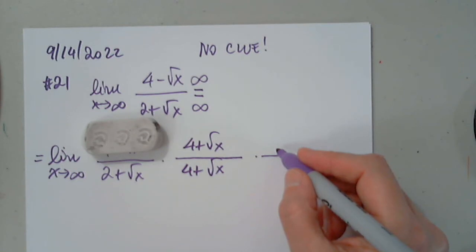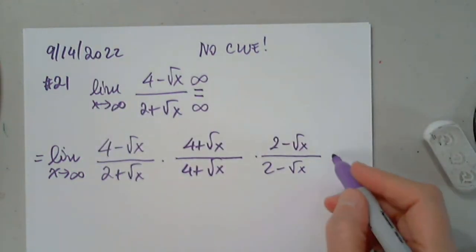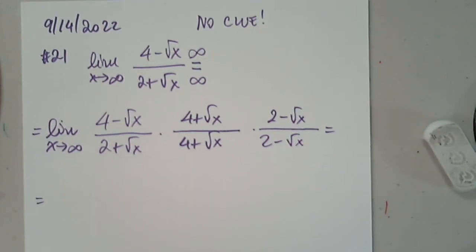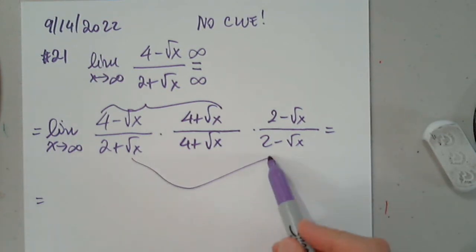Anyone? Two minus the square root of x. Thank you very much. Perfect. So can anyone give us this product first, and then this product?